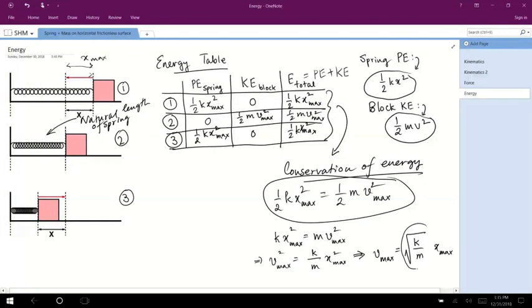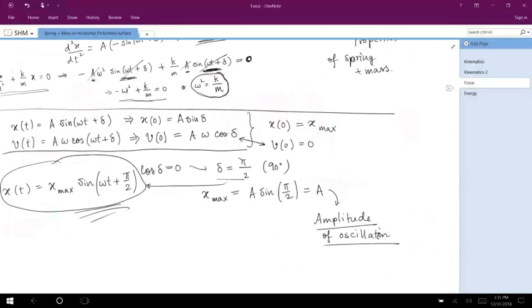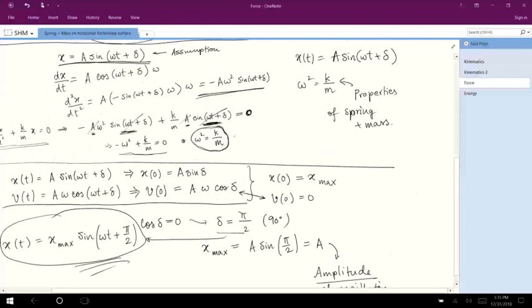Now remember, this quantity square root of K over m, that's just omega. And we can see that by going back to our old force expressions. We found that omega squared is K over m, which also tells us that omega is equal to square root of K over m.